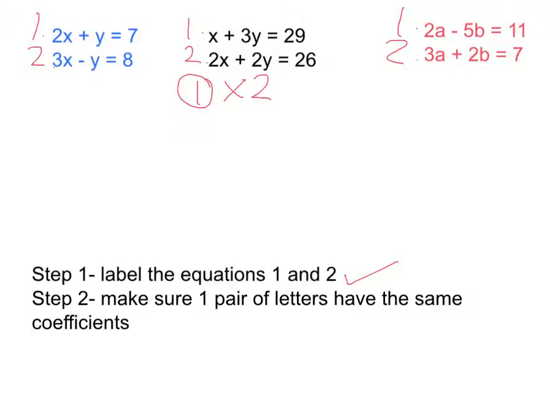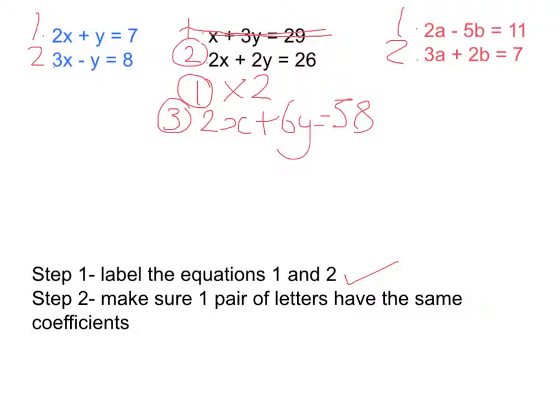So 2 times x gives me 2x, 2 times 3y gives me 6y, and 2 times 29 gives me 58. Now I've done that, I can get rid of this one for a minute, and this one becomes equation 3. So I'm going to be using equation 2 and equation 3.